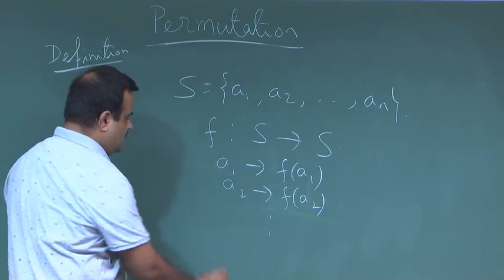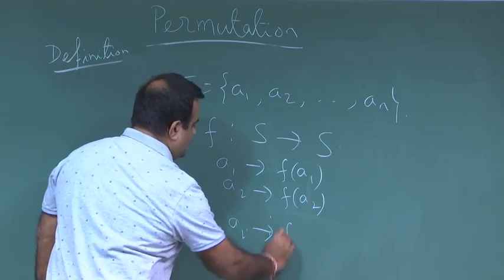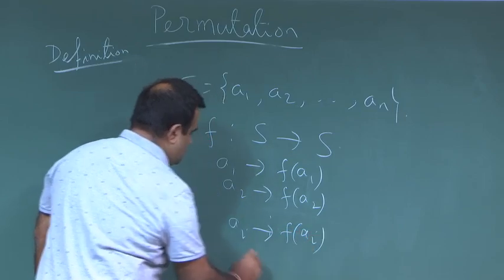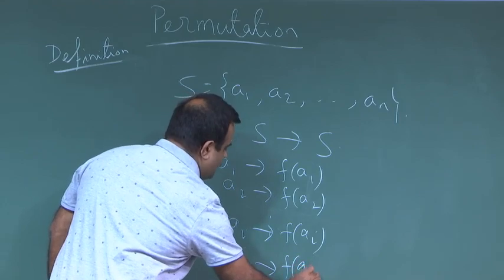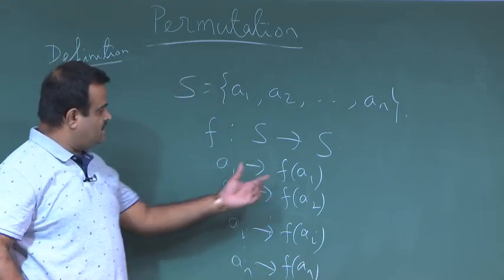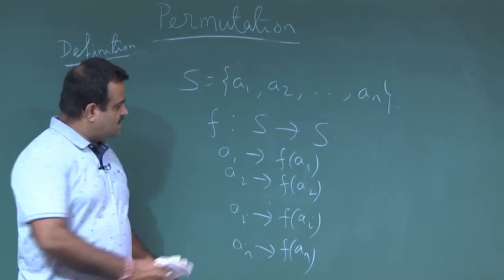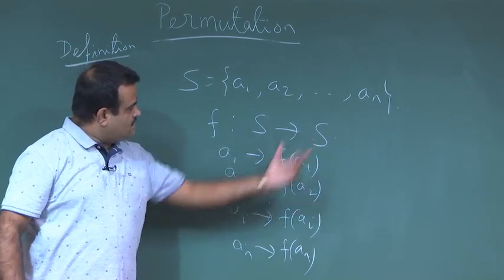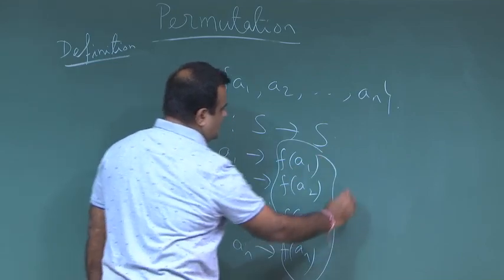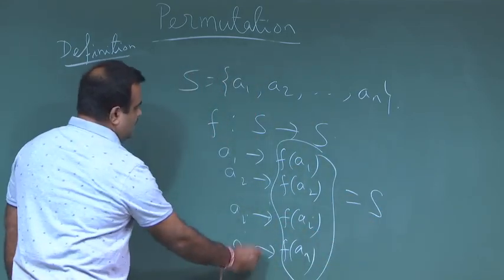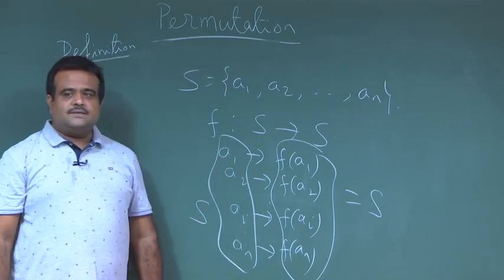So we have Ai is going to f of Ai, dot dot dot, An is going to f of An, and this f is a bijective mapping. So this is nothing but the same set S. This collection is equal to S, and this collection is also S. So S is going to S.